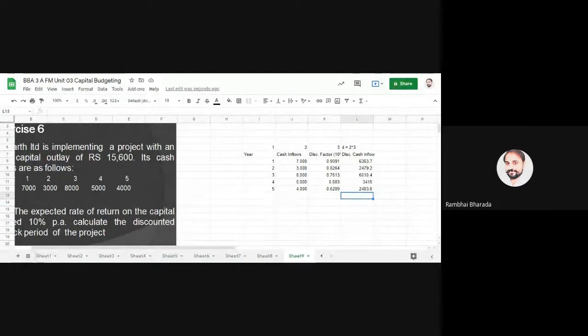Direct multiplication: 3,000 into 0.8264. 8,000 into 0.7513. 5,000 into 0.6830. 4,000 into 0.6209. Are we clear?